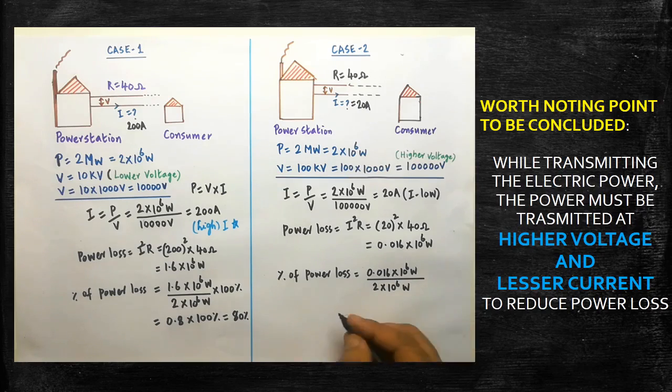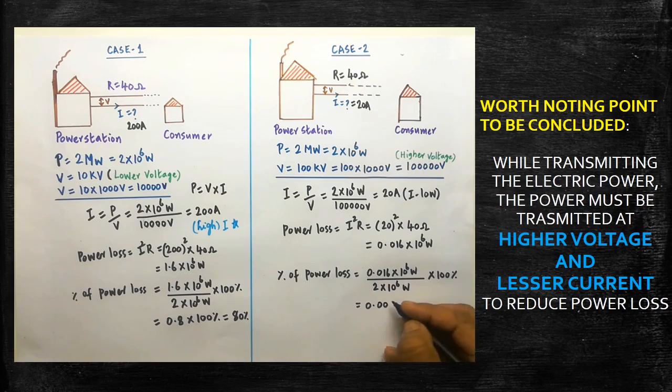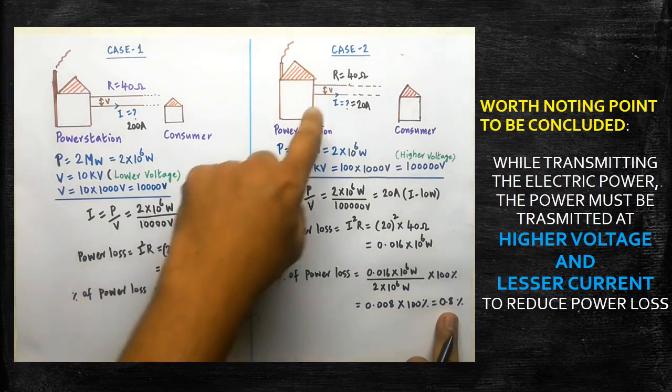That must be written. To calculate in terms of percentage, multiply with 100%. You will get 0.008 into 100%. Are you clear? So after calculation you will get 0.8 percentage. So this much amount of power is lost in the wire.